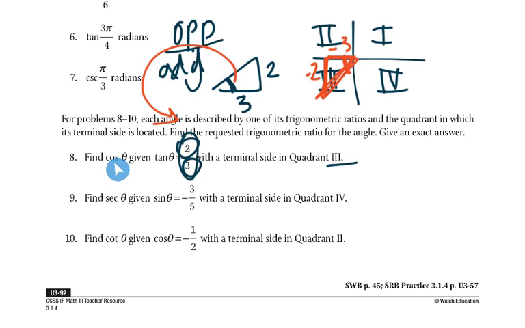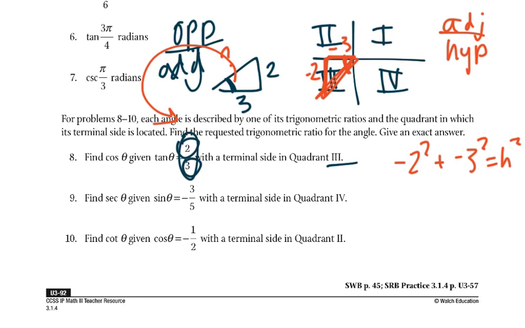Now I actually want to find the cosine. Okay? Cosine, remember, is the adjacent over the hypotenuse. So I need to find that hypotenuse. So using Pythagorean Theorem, I go 2 squared, or negative 2 squared, I guess, plus negative 3 squared equals my hypotenuse squared. So that would be positive 4 plus positive 9 equals hypotenuse squared. So I get 13 equals hypotenuse squared. Take the square root.